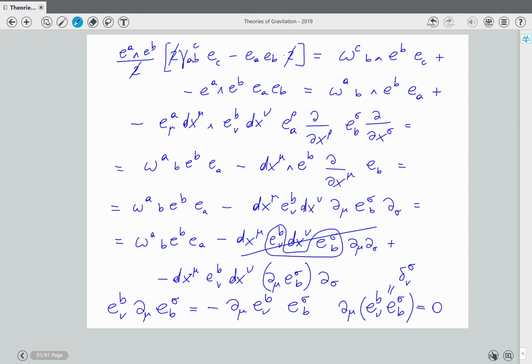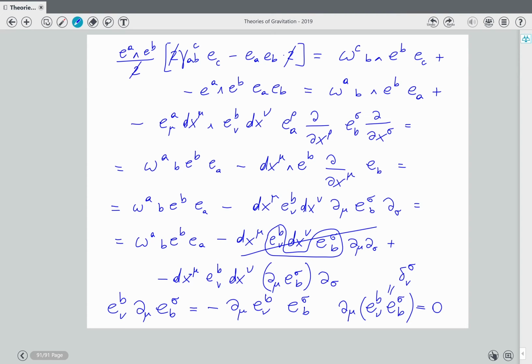So if you move it to the right hand side, you have exactly the two contributions that you obtain when you apply partial mu on EB nu first, or actually EB nu second, E sigma B first, here it is, and EB nu second. So when you have two matrices that are one the inverse of the other, you can move the derivative from one to the other by changing the sign.